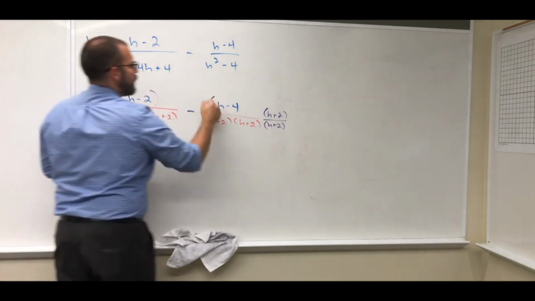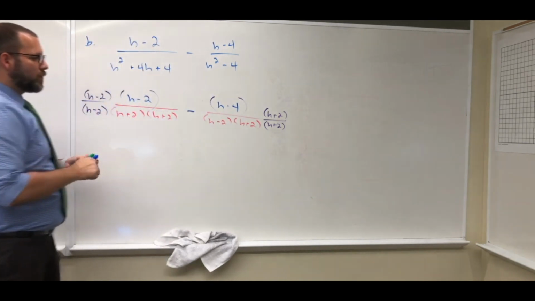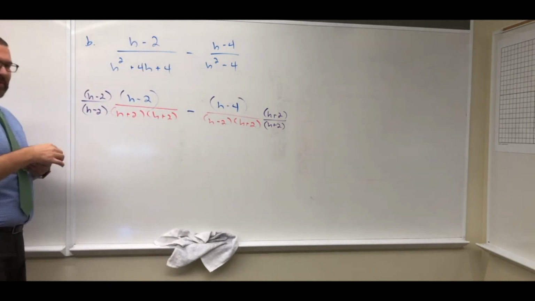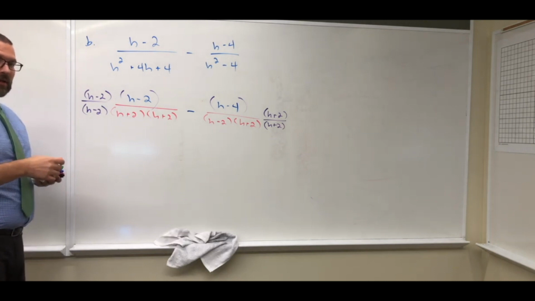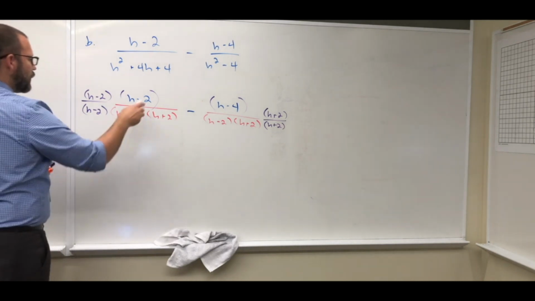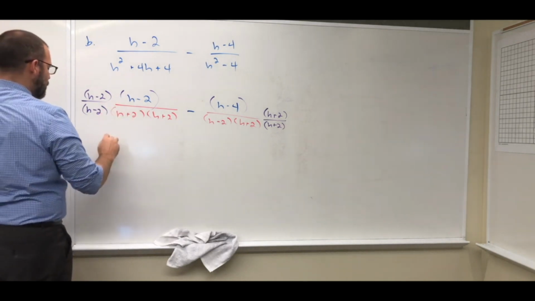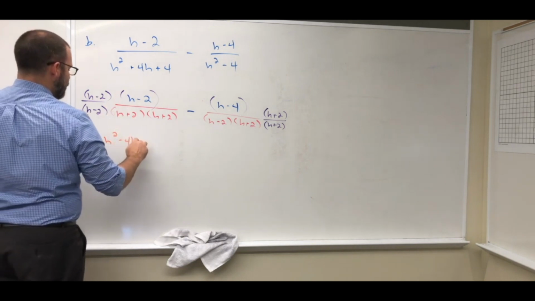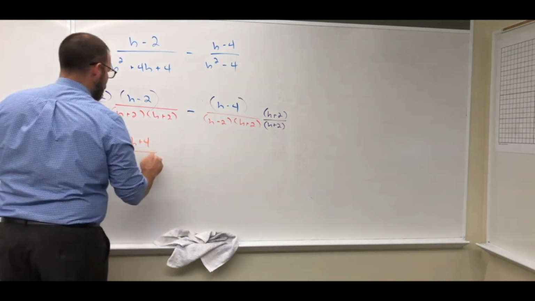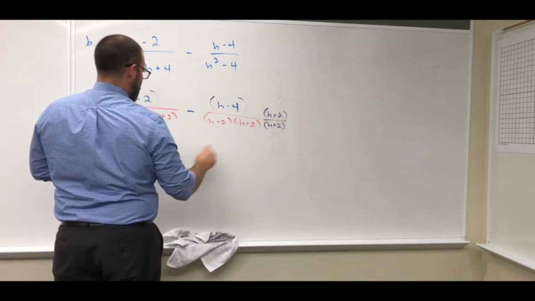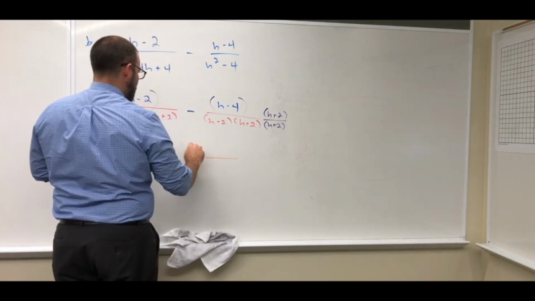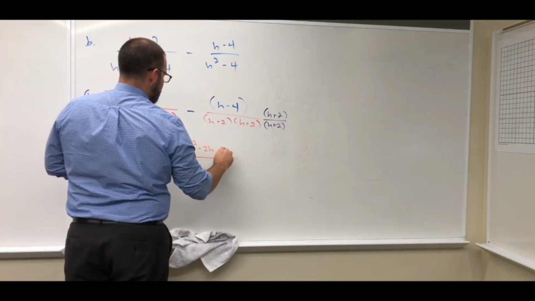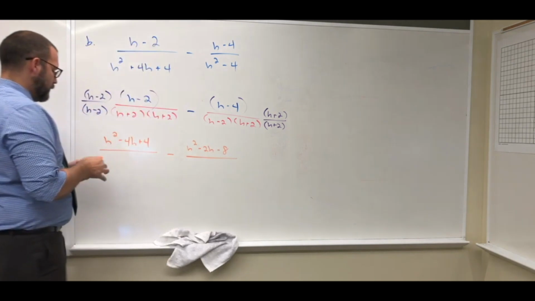Again, I've got some binomials, so I put parentheses around to remind myself to properly multiply that out. Use box method if you're having trouble multiplying that out. But you should get h squared minus 4h plus 4. And here, you're going to end up with h squared minus 2h minus 8.